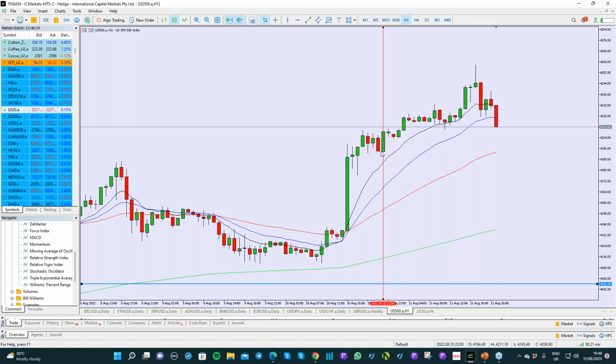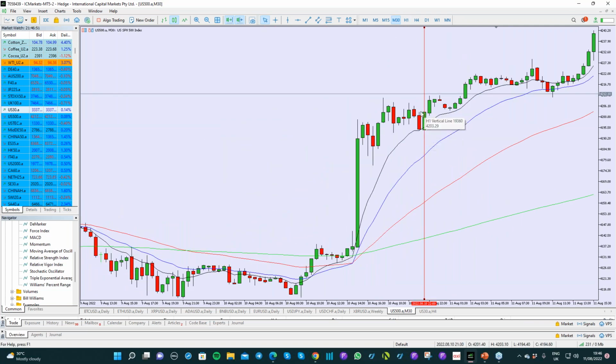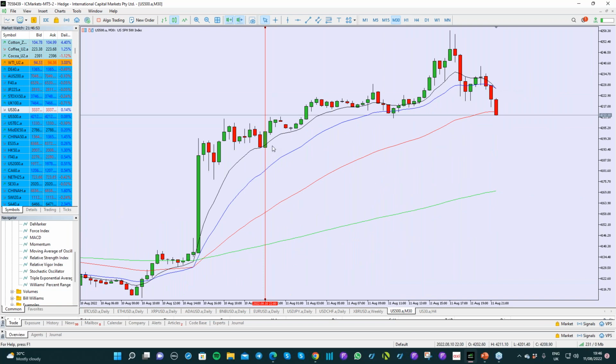But there isn't a trade there for me because I haven't had a deep enough pullback yet. I haven't come anywhere near the moving averages that I use as an indication of equilibrium. So what could I do then? Well, I could go down a time frame still, and this is where I might find a trade.